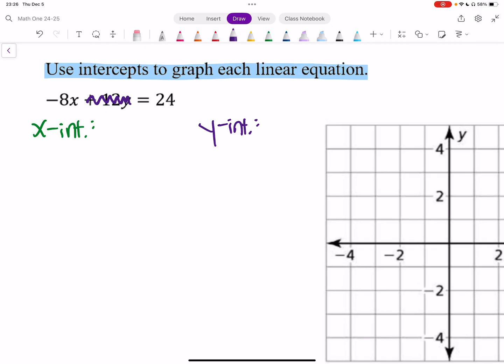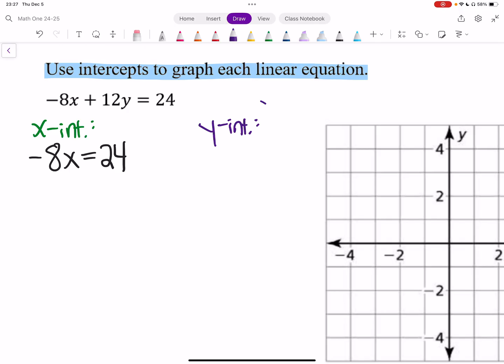Since that is equivalent to 0, I no longer have a y term. So in order to solve for the x-intercept, I simply need to write an equation that contains only the variable x. So looking at this equation of negative 8x plus 12y equals 24, in order to solve for the x-intercept, I need to write an equation without y in it.